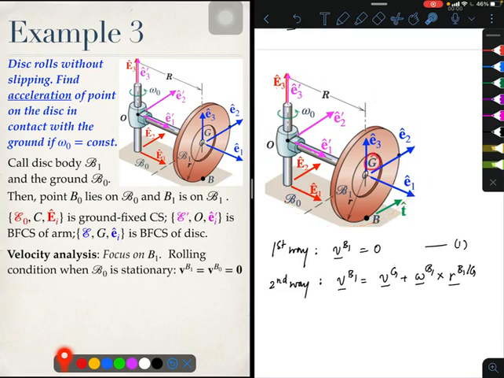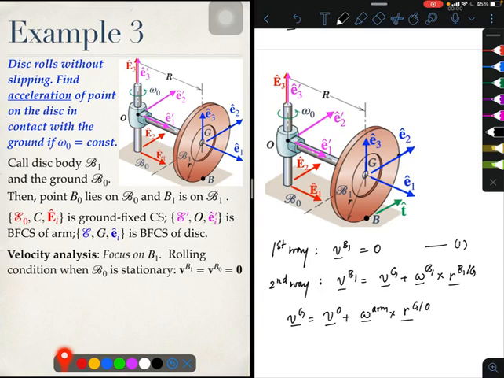Point G is attached also to the arm. So I can also relate point G's motion to the point O, which is at the other end of the arm. And I do that because I know that velocity of O is 0 because it is on the fixed shaft. So I will use this condition to now write that Vg is equal to Vo plus omega arm cross Rgo.